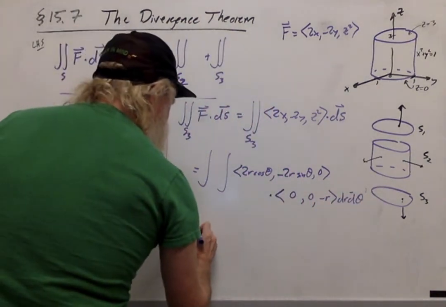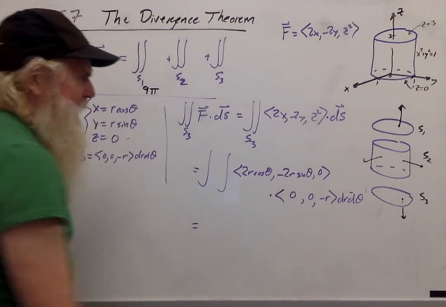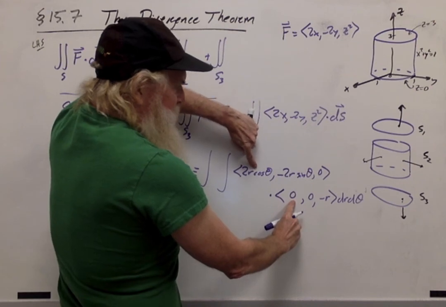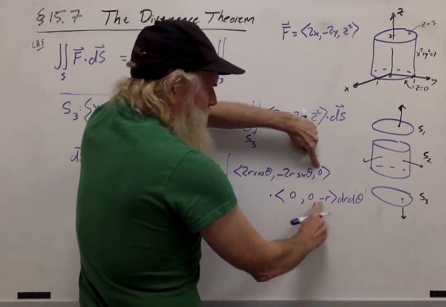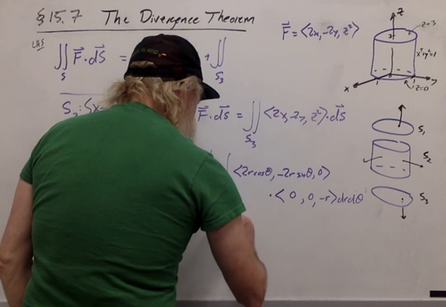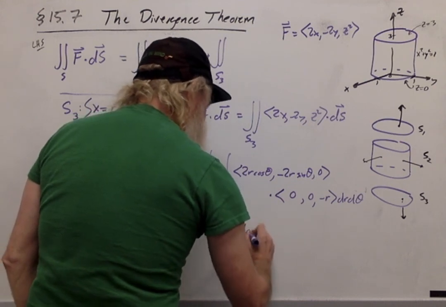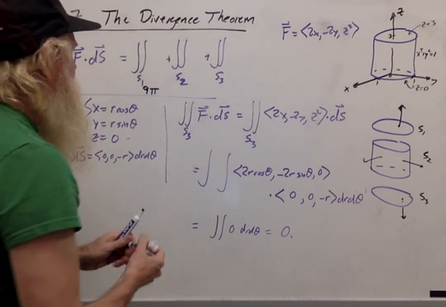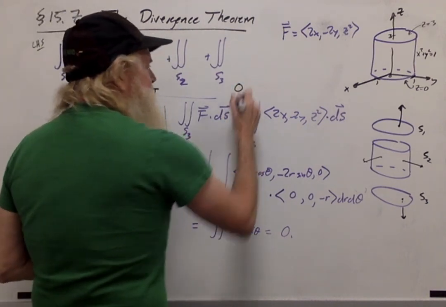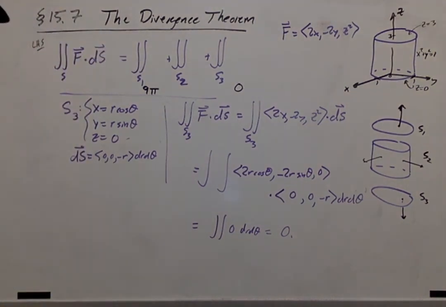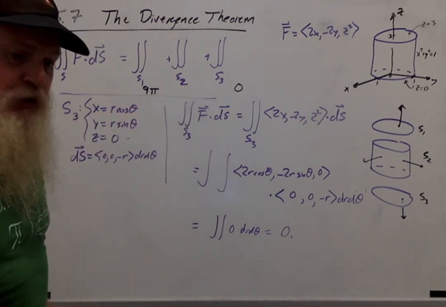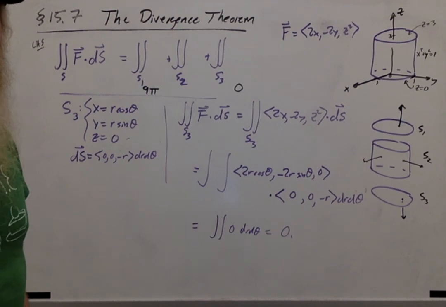Well, that's interesting. I know I haven't set up the bounds yet. But look, when I carry out the dot product, I get 0 plus 0 plus 0. So this is the double integral of 0, which is 0. So the integral over S3 is nothing. We don't get anything there. So in the next video, let's come back and figure out what the double integral over S2 is so that we can add the three partial results.